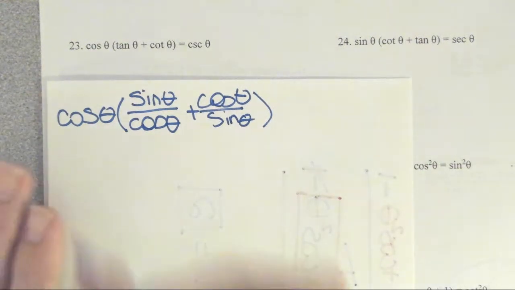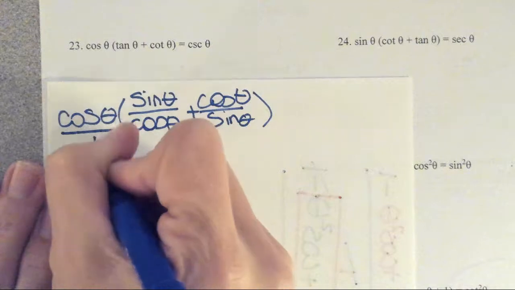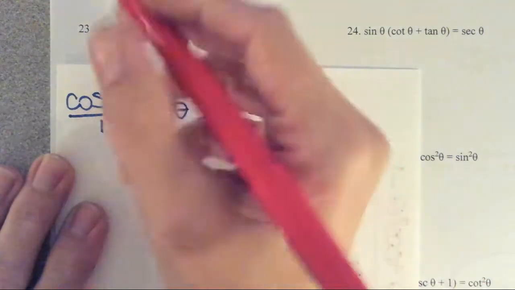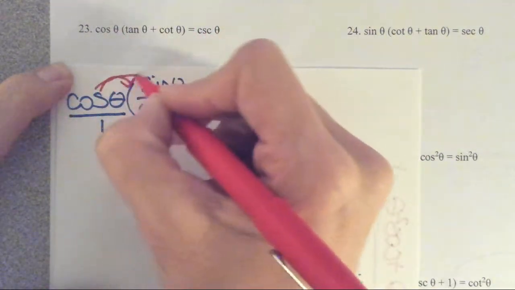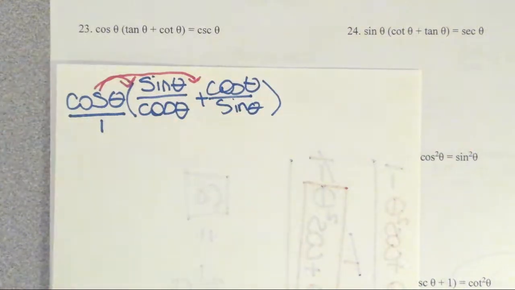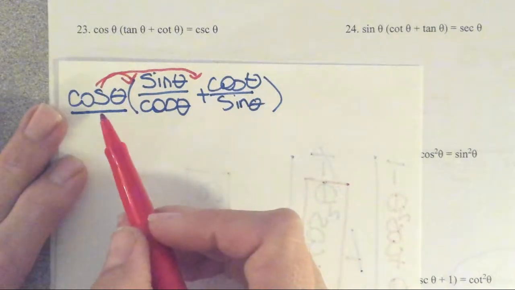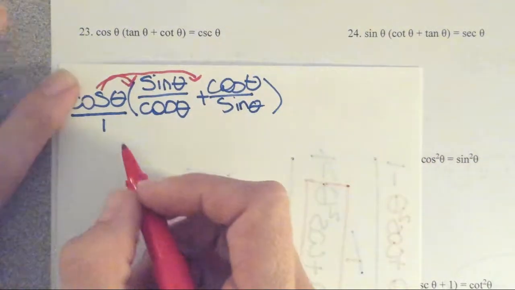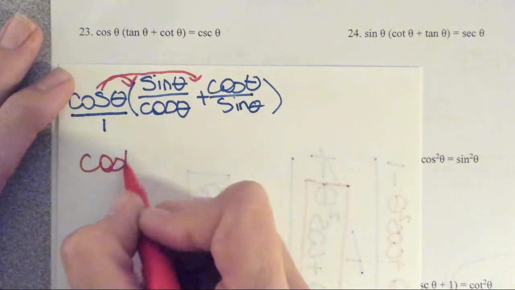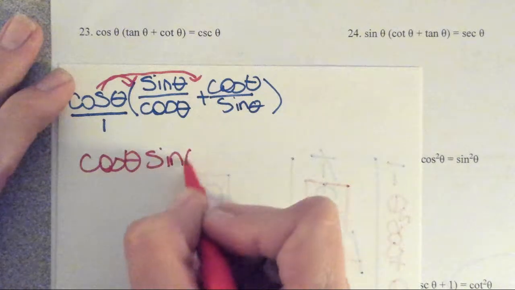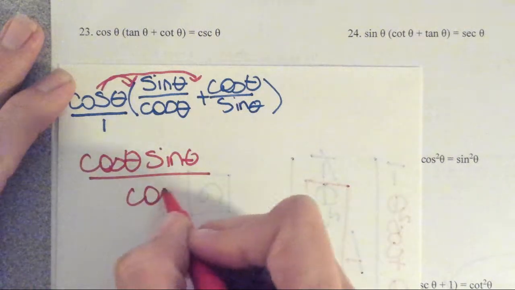And now I'm going to go multiply. Remember, cosine is really over 1. I'm going to go multiply the tops of each of these. So when I go to multiply these two right here, I'm going to end up with cosine sine over cosine.